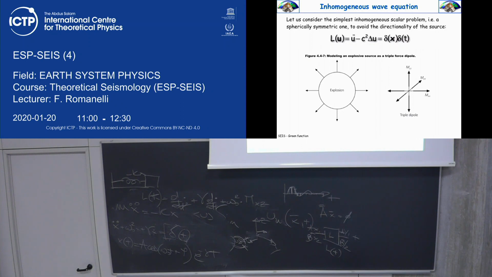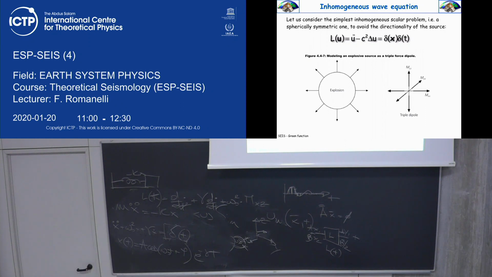We can train there. This problem, so it's a delta in space and time, but it's, for example, a gentle explosion or an implosion. Now we know it can be related with M11, M22, M33. So maybe we can use it, for example, for applied geophysics. This is easier, you know why?